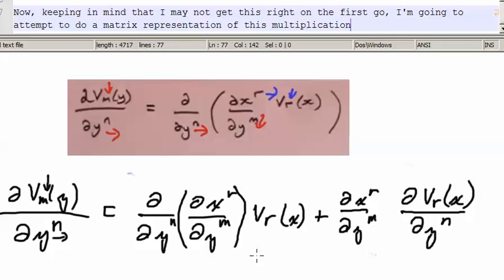Now, keeping in mind that I might not get this right on the first go, I'm going to attempt to do a matrix representation of this multiplication.